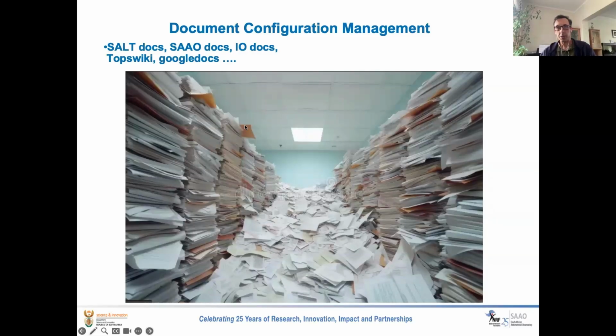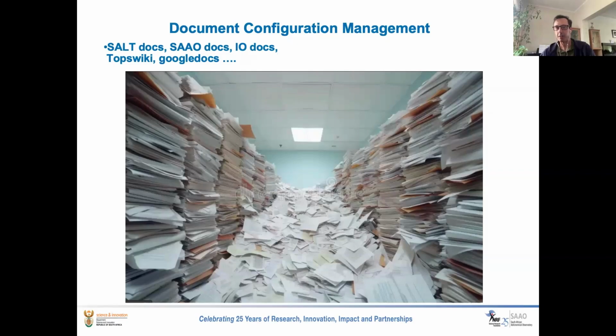The observatory has been around for over 200 years, actually. In that time, we've never had a document configuration management system. All of our documents basically look like this image here. We have information buried in reports, software documents, technical documents, you name it.